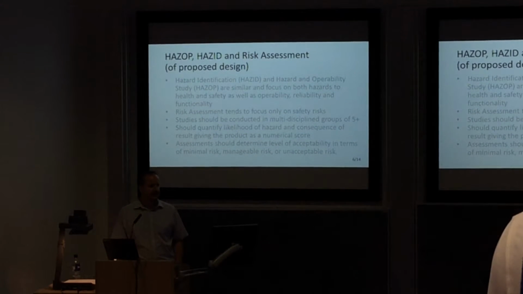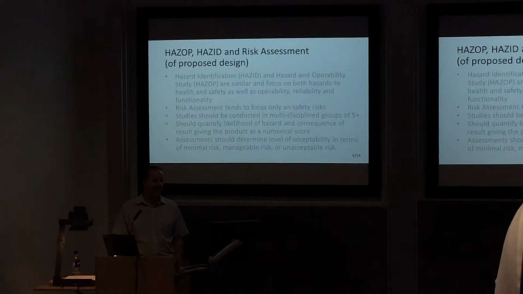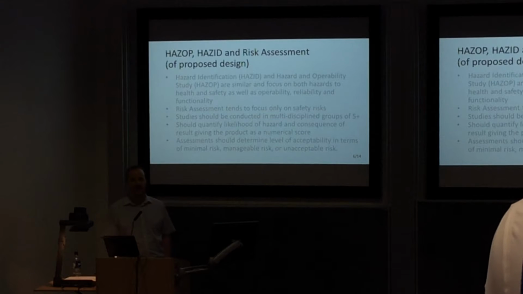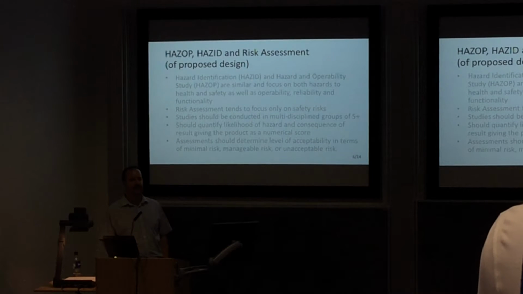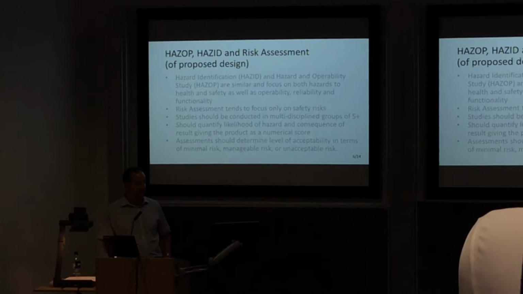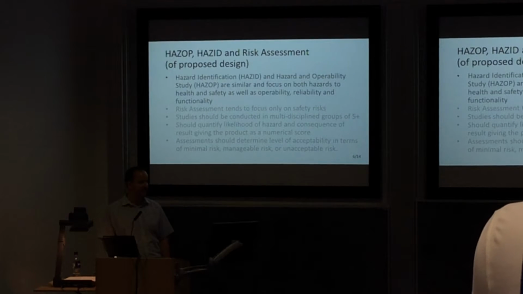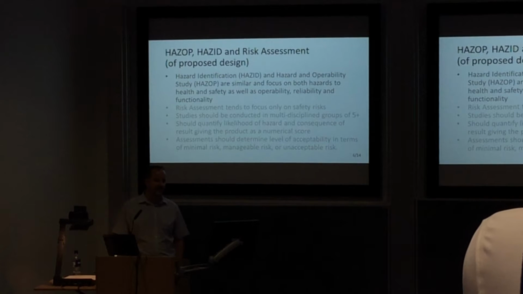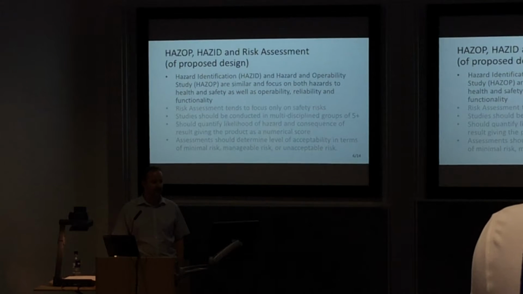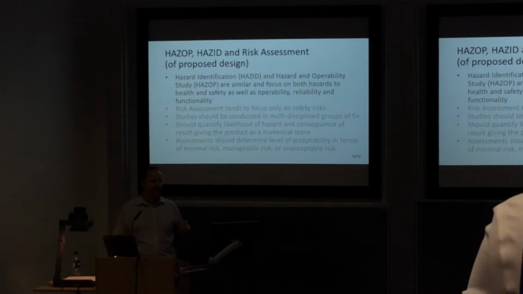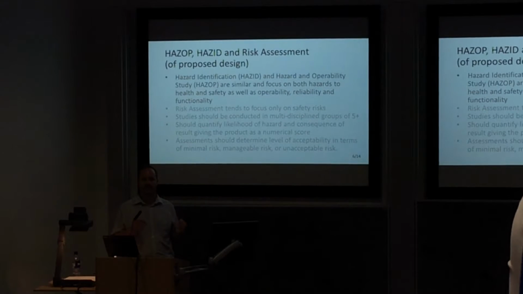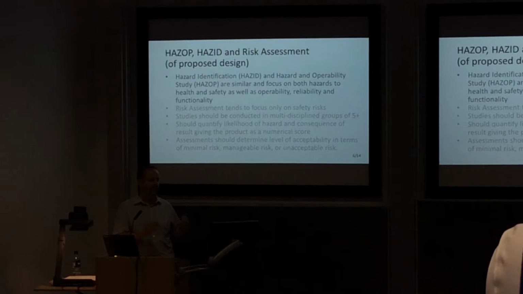Another tool that I'd like to talk about is HAZOPs, HAZIDs, and risk assessments. It's very similar to failure mode analysis, which we do elsewhere. And basically, when you do hazard identification and also the hazard operability study, they are very similar, but the hazard identification, as it sounds, you're identifying potential hazards.